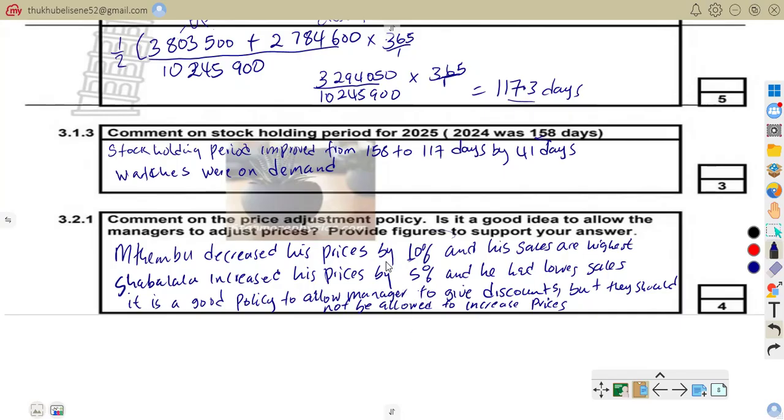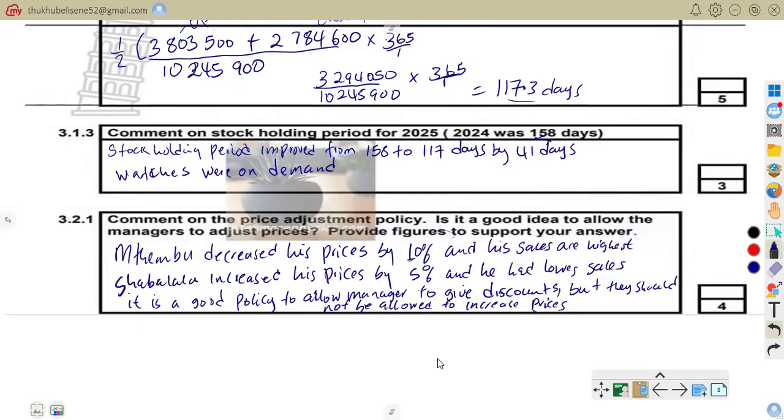So it means he increased the price, he didn't give what? A discount. So once you give a discount, is a very good idea because the discounts are going to make customers come in numbers. So that is why we are saying it is a good policy to allow managers to give discounts, but should not be allowed to increase prices.